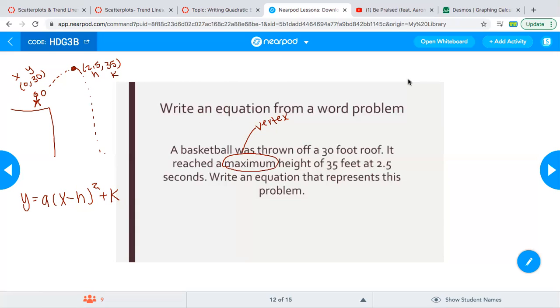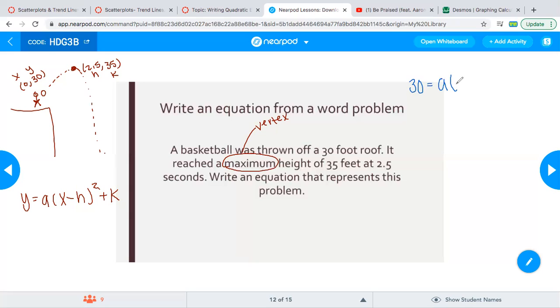So, since the h is 2.5 and the k is 35, right? Mm-hmm. And then the x is 0 and the y is 30. So to put that into an equation, it would be 30 equals a times, I took away the 0 because it's a 0.